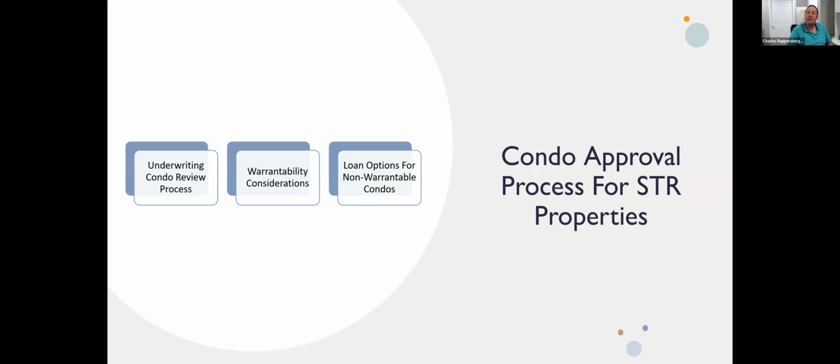This happens a lot: condos have a rental desk or a real estate agent desk in the building. That's a no-no for conventional approval. That doesn't mean you can't get financing. It just means you need to look at other loan programs, maybe at a higher rate, but that should be reflected in the sales price. It still doesn't mean it's not going to be a profitable short-term rental investment for you.